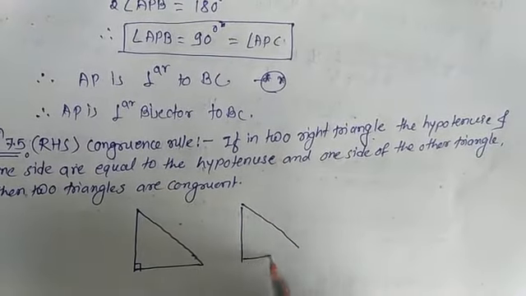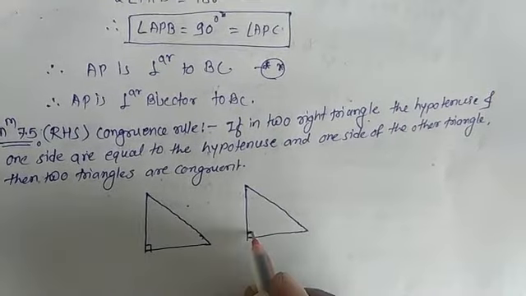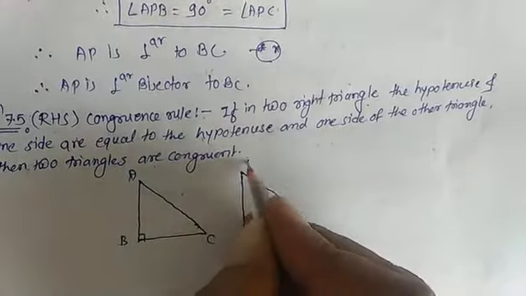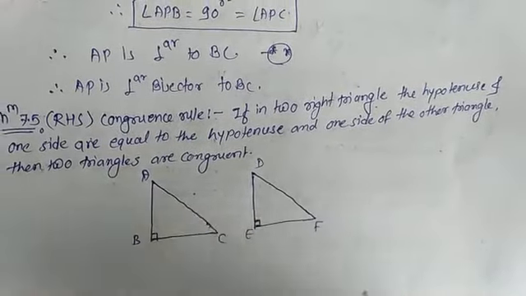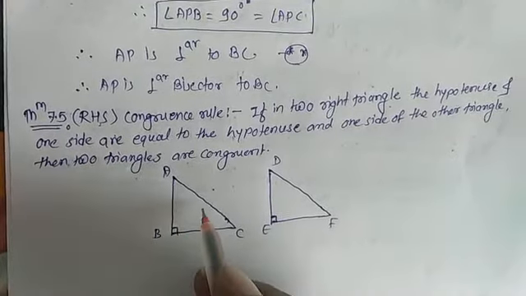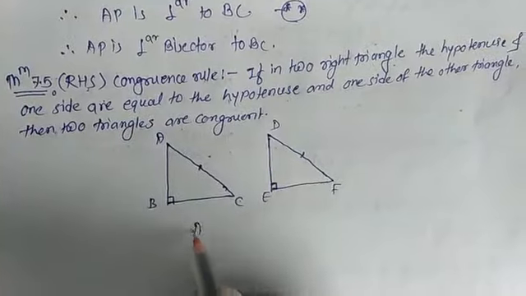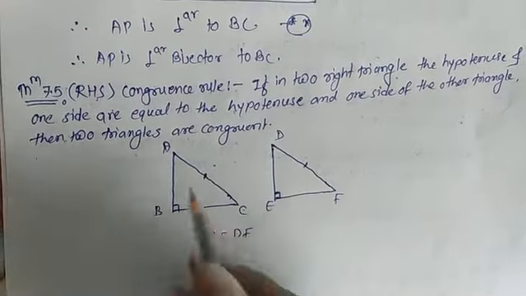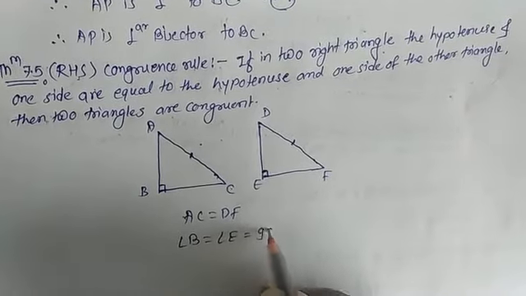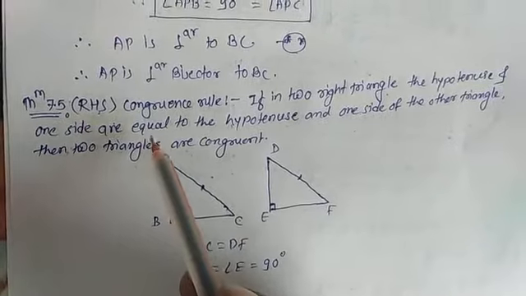for the RHS congruence rule, consider the triangles ABC and DEF. To apply this congruence rule, we need AC equal to DF, angle B equal to angle E equal to 90 degrees, which is a right angle, and one pair of sides equal.